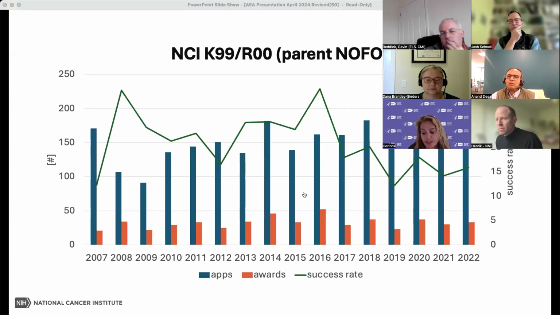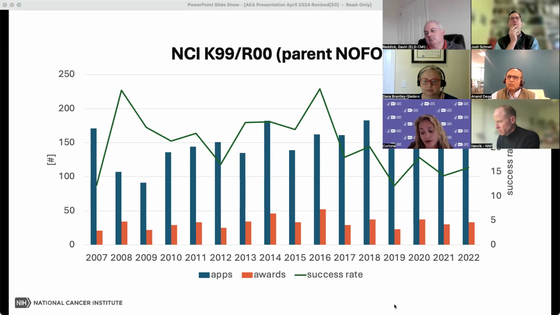So this slide represents the historical data of applications, awards, and success rates for the NCI K99 R00 award. At its inception, eligibility allowed for up to 5 years of postdoctoral research experience for qualifying applicants. In 2014, the eligibility was reduced to 4 years, with the goal of further accelerating the time to research independence for these early stage or ESI investigators.